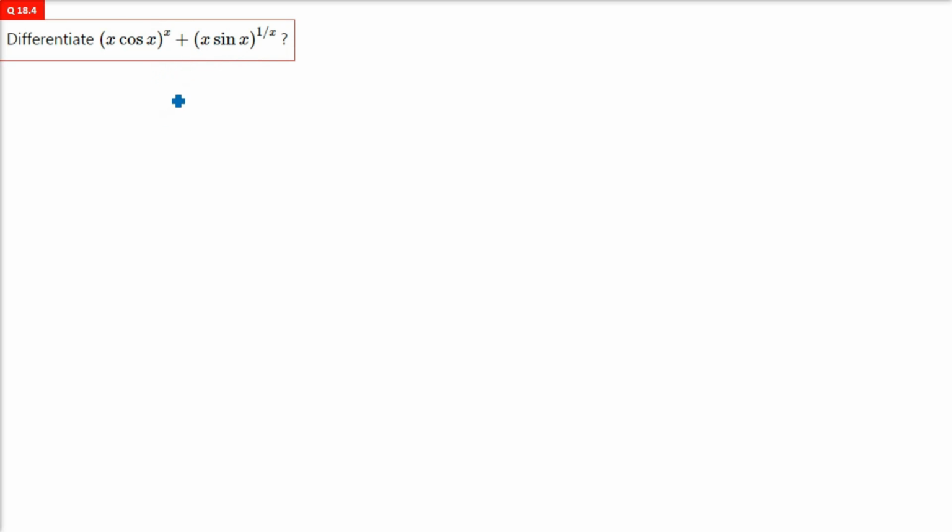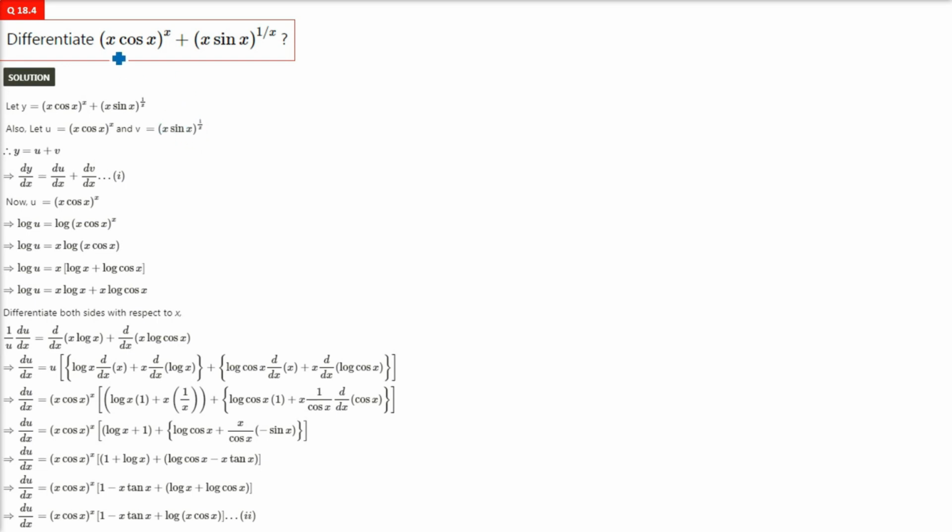These two terms separately we have already done. That is, we have y is equal to, this is u, this is v. So dy by dx we have to find out, du by dx plus dv by dx, and then we will add them. Alright. So u is this, v is this.